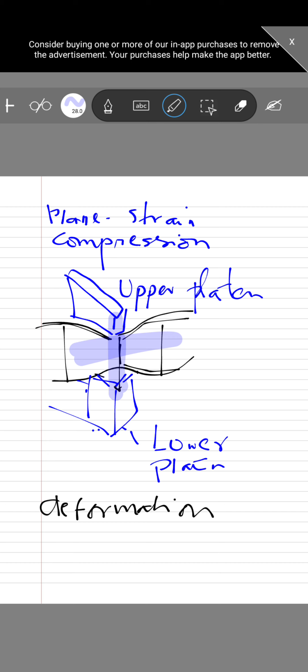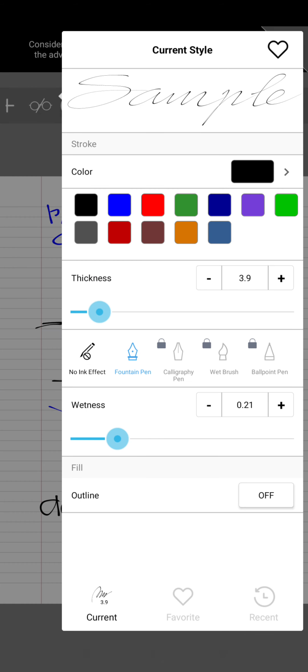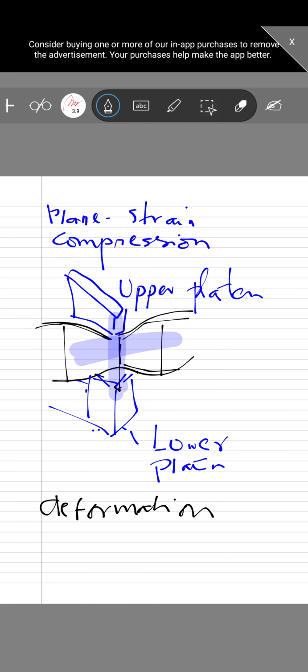Now the slip line field theory has been applied for this plane strain compression test.